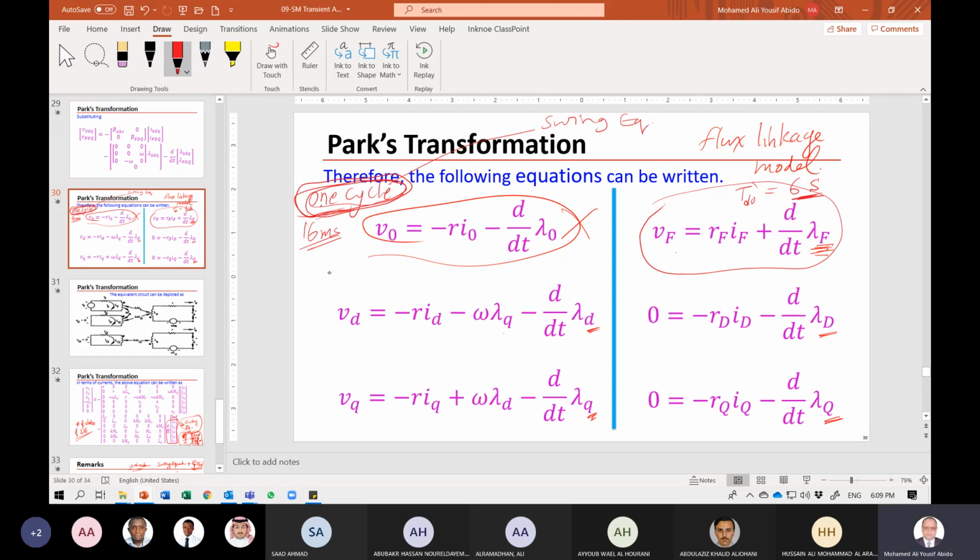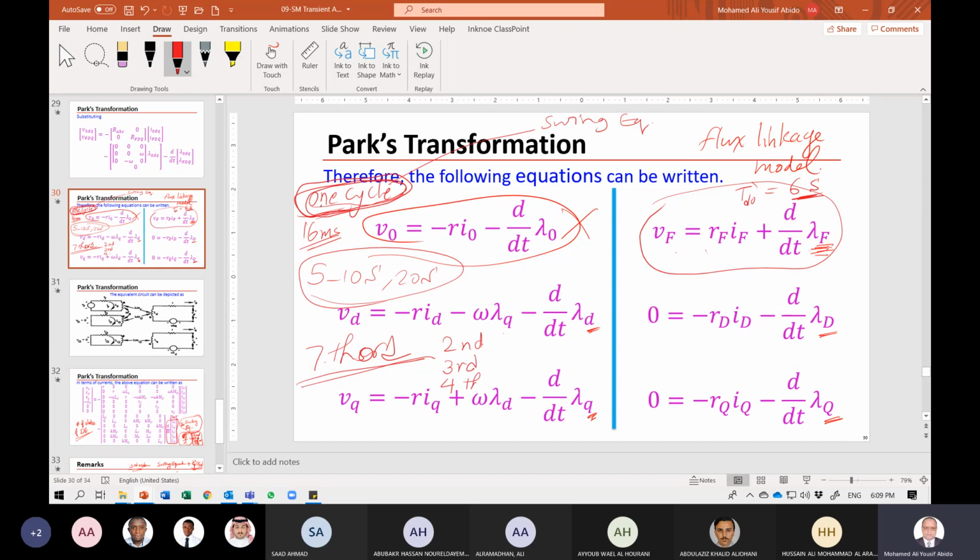If you want to simulate the system for 5 seconds or 10 seconds or 20 seconds, in this case the field will play a role in this time period. So this is the 7th order model. But it depends on our study. We can have second order only. We can have third order if we simplify, if we approximate something.